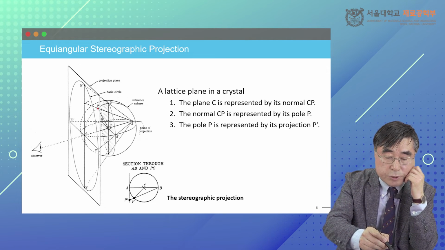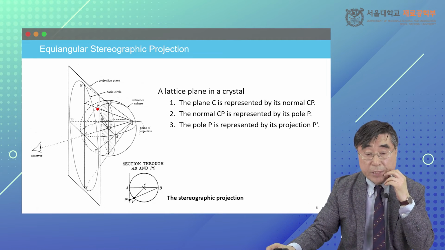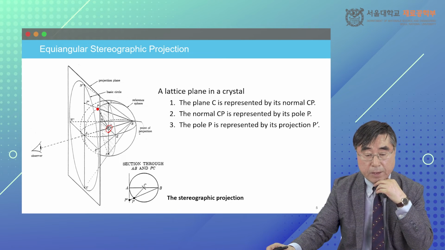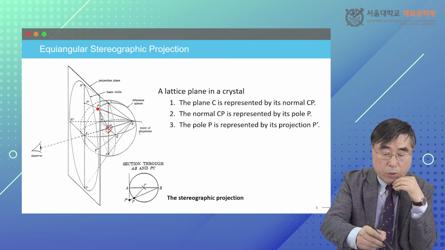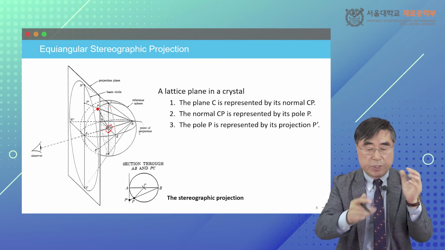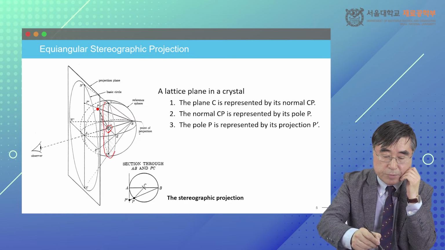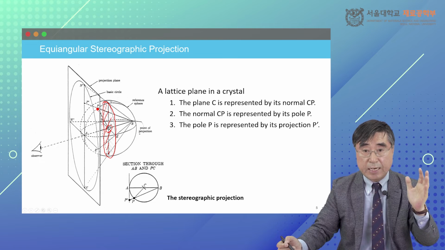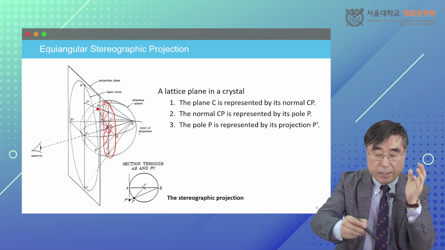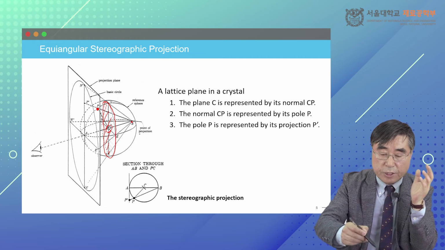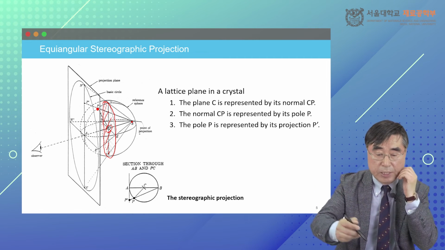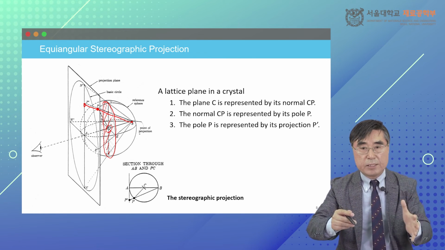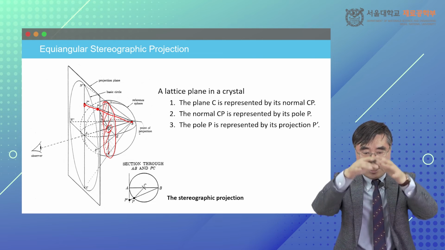Let's say we have a pole P, which represents this plane in the center of the sphere. If this pole is on one half of the sphere, you can draw the big circle, which is the equatorial plane. If this pole is on the other side of the equatorial plane, then you designate the one point where it touches the sphere, and you extend these lines, the poles, to the plane.